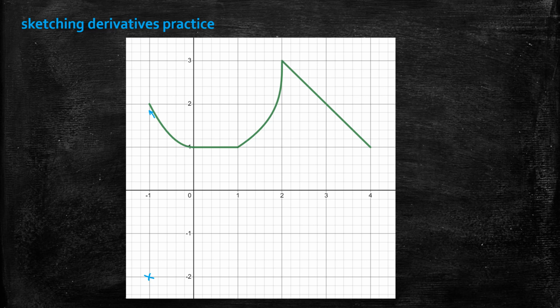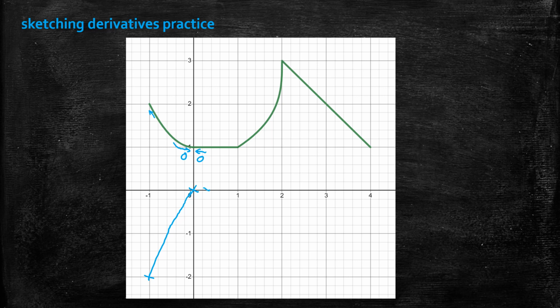This first function here is a parabola, so I made the vertex right here at x equals 0, so we can say that the slope from the left is 0. And we have a constant function here, so the slope from the right is 0. Therefore, the derivative exists at x equals 0, and it's actually 0. If we recall, the derivative of a quadratic is a linear function, so I'm going to just put that roughly in there.